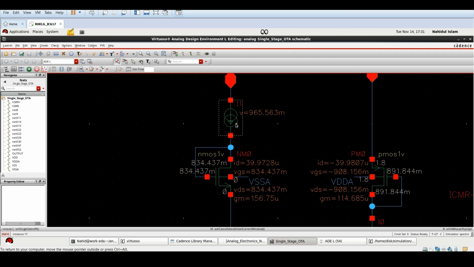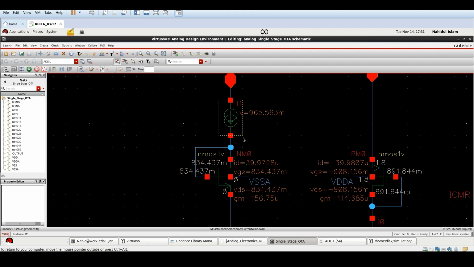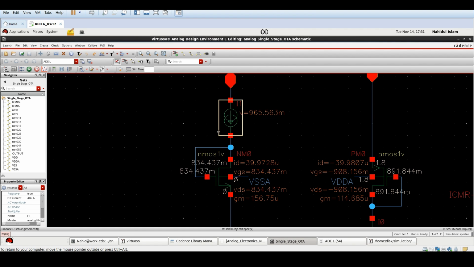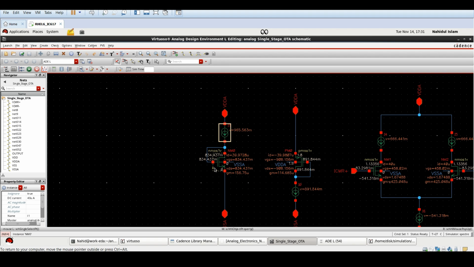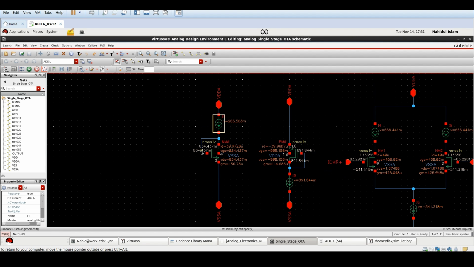I put a current source above, and for the PMOS, I have to set a current source below. Then I have to set the current, which is basically the 40 microampere, and also I have to ensure that those transistors are working in the saturation region. That's why I short the drain and source. As it is a direct connected load, the transistor will work in the saturation region.